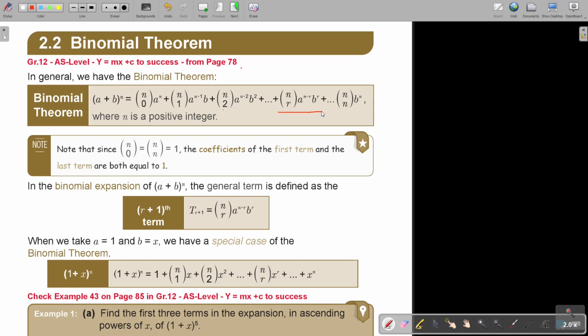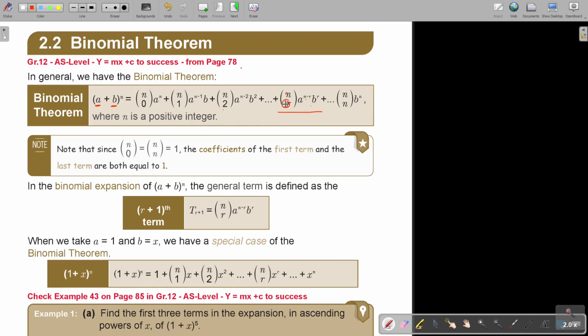If it's n over r, then we take the first term, a, to the power n minus r, and then we take the second term, b, to the power r. So for the first one, we subtract the top minus the bottom, and for the second one, we just take the bottom. Keep that in mind. Now I'm going to explain this to you.